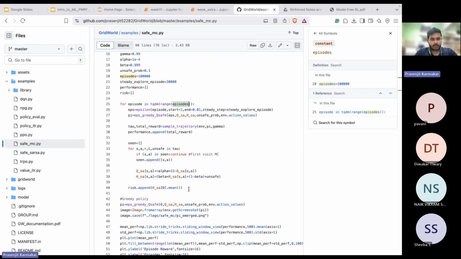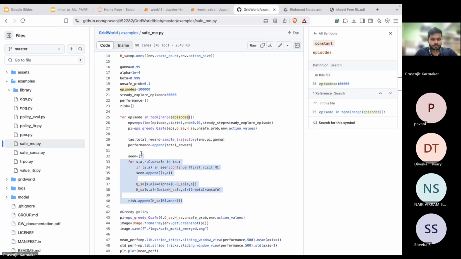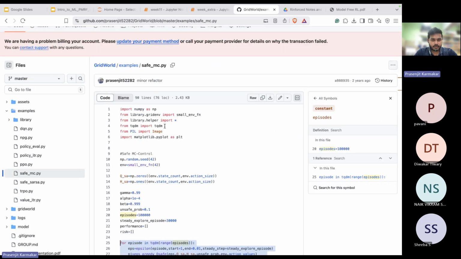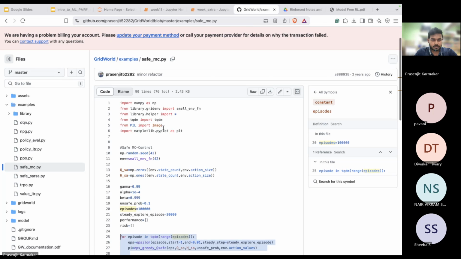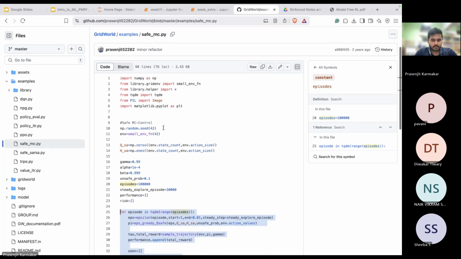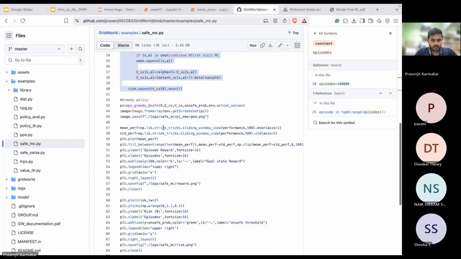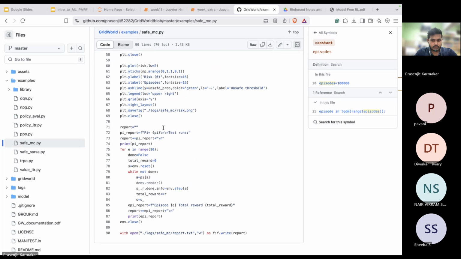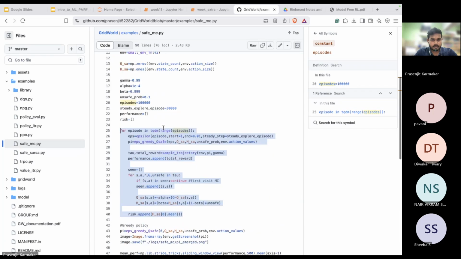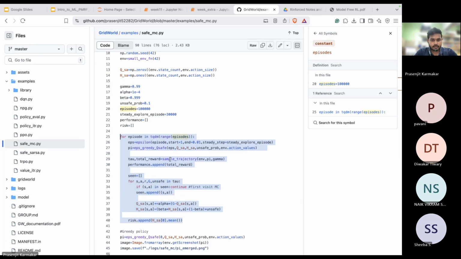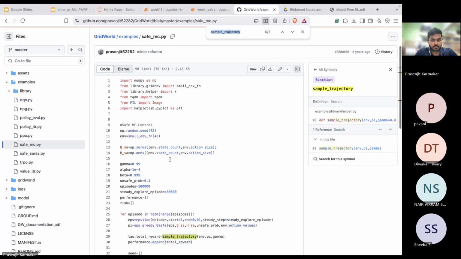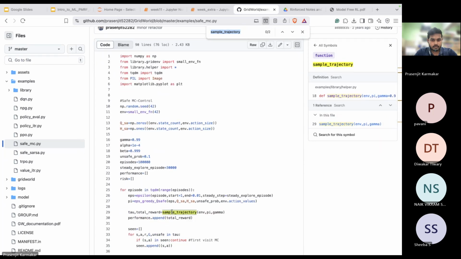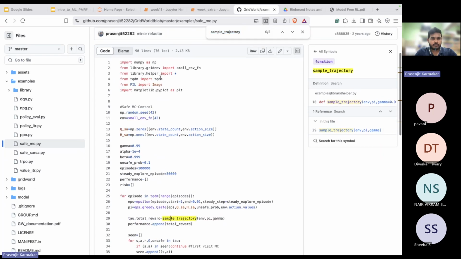Okay, we can do it. What is the sample trajectory function? Oh, it's in helper.